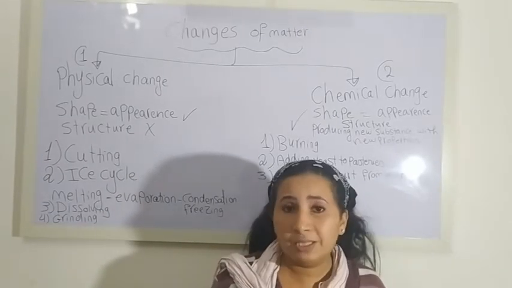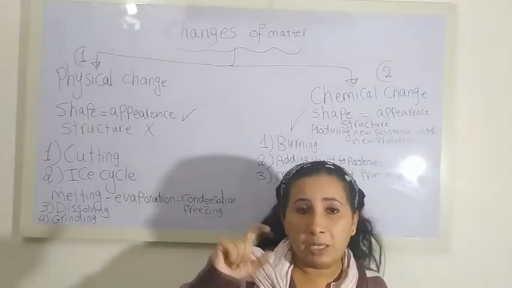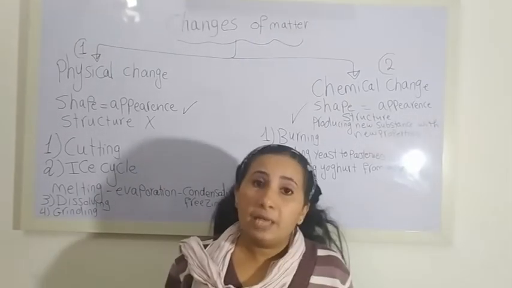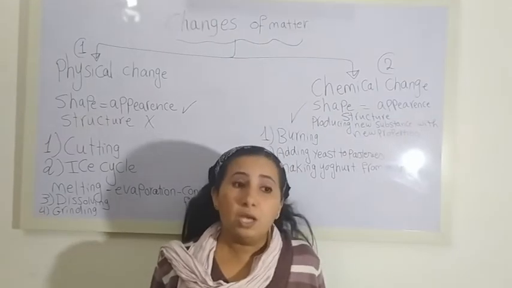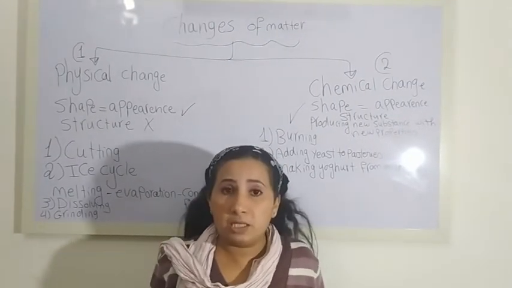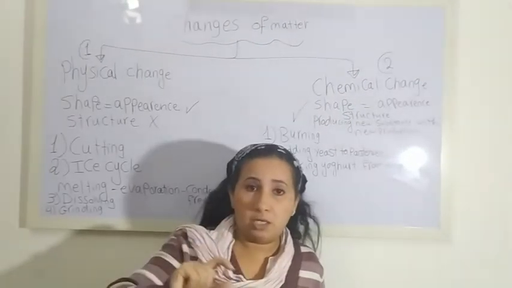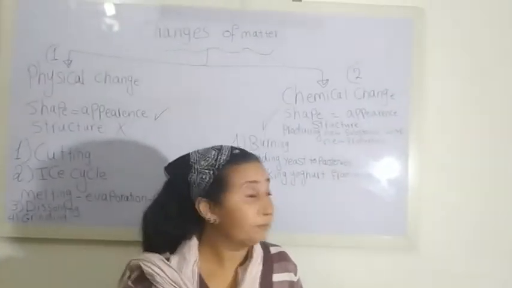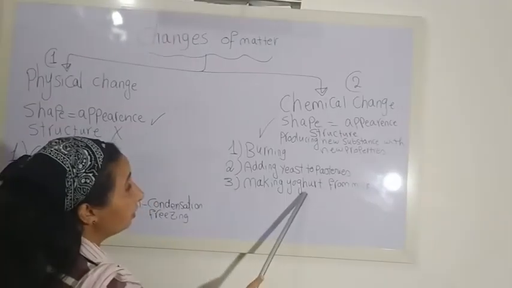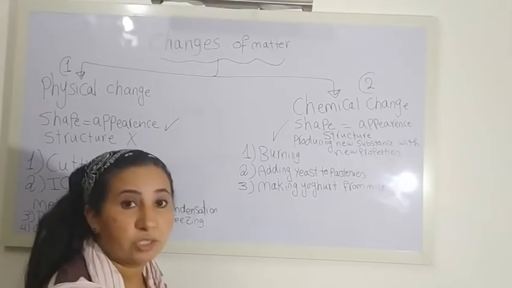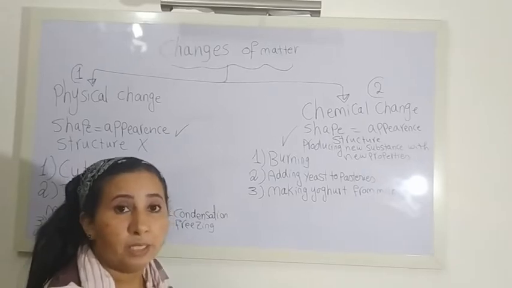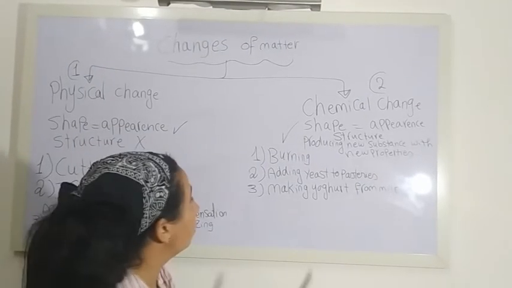Of course not, but I always drink milk with tea. Can I eat rice with yogurt? Of course not, but all of us eat rice with milk. The yogurt is completely different from the milk, so it's a chemical change. It's not about the shape only, but also about the structure.